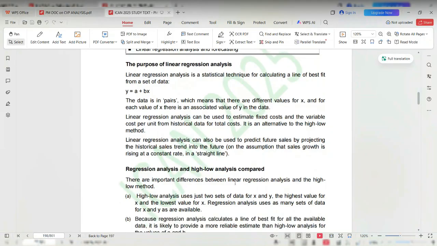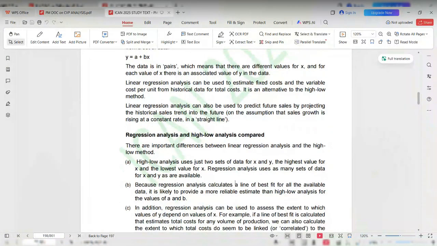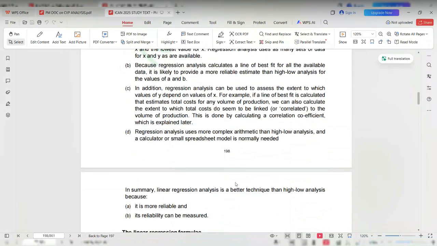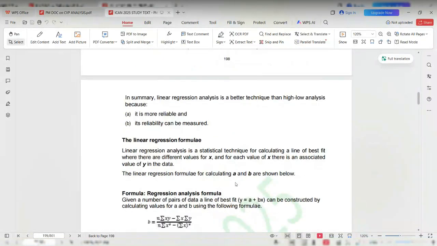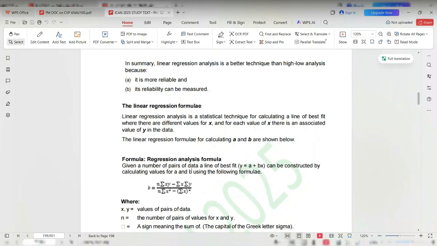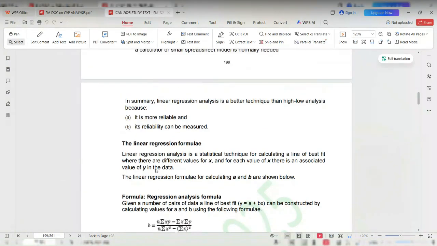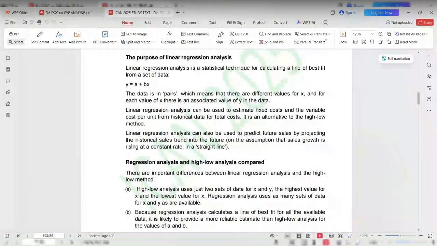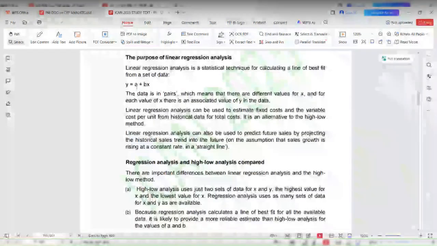So now, all these ones, they are just story. So let's go to the formula. This is the formula for regression analysis. These are what we are actually familiar with, even from school. We have B is equal to what? Okay, this is the formula. Just as we have the formula here, Y is equal to A plus BX.